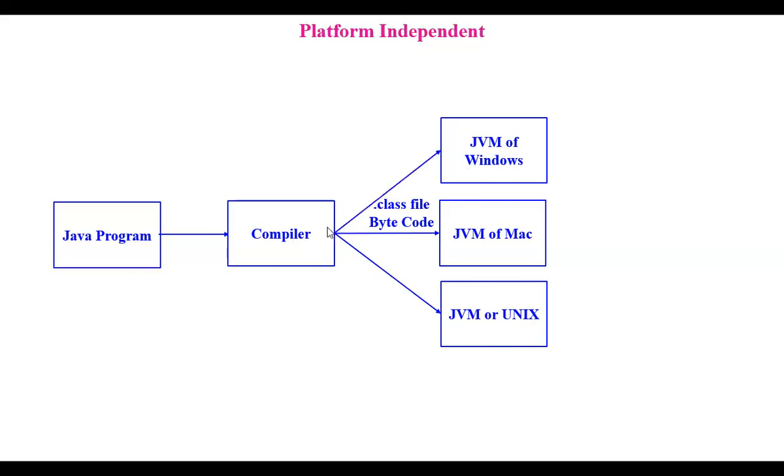So the output from the compiler can be given to a Mac OS, Windows OS, or Unix OS system, and all these programs are executed efficiently and flawlessly. So this is called platform independent.